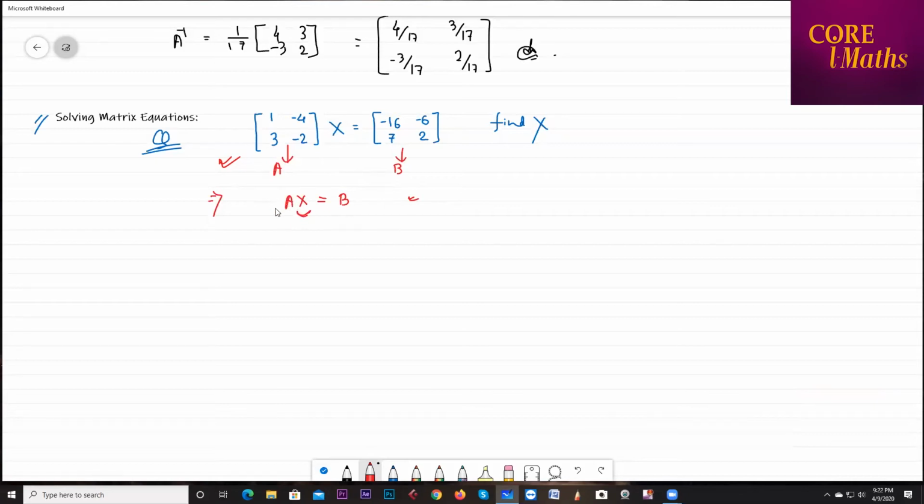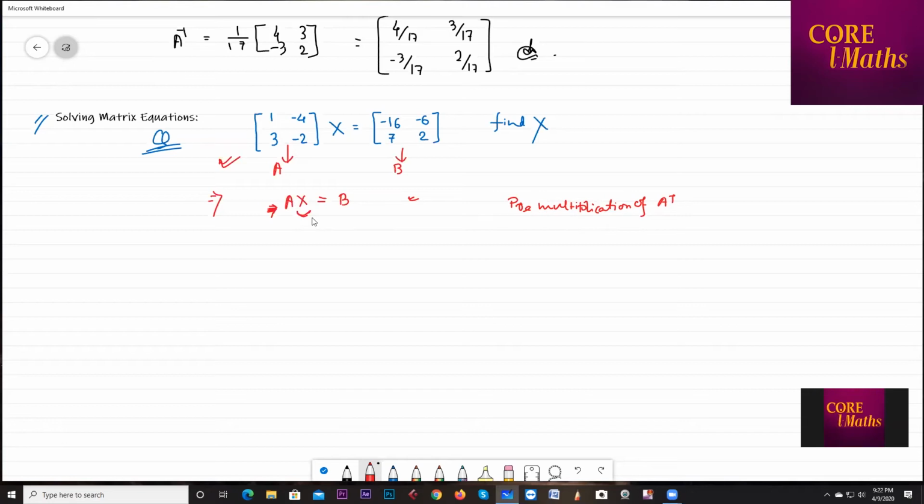Now we have to omit that part, that A. So you need pre-multiplication of A inverse, because that A inverse can remove that A part, and the remaining part will be your X, and you can easily find it.